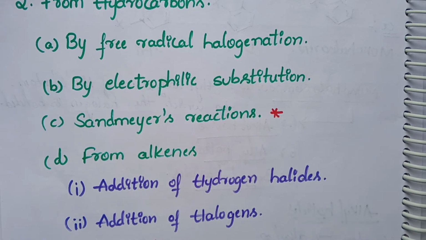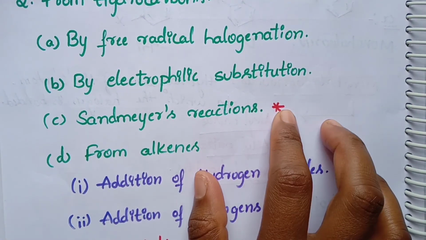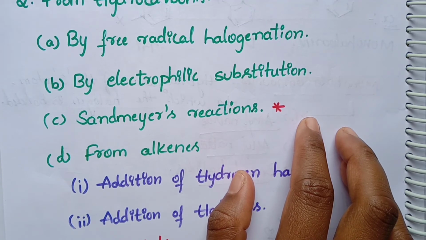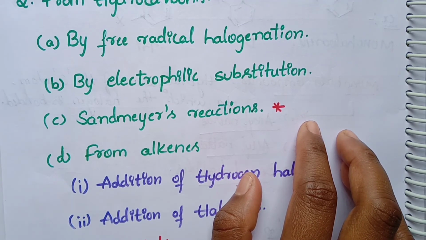In free radical halogenation, chlorination or bromination is done through this method, and through electrophilic substitution the ortho and para substituted haloarenes will be formed. Through the Sandmeyer reaction, a diazonium salt is formed using sodium nitrite, and then that is treated with cuprous bromide or cuprous chloride.